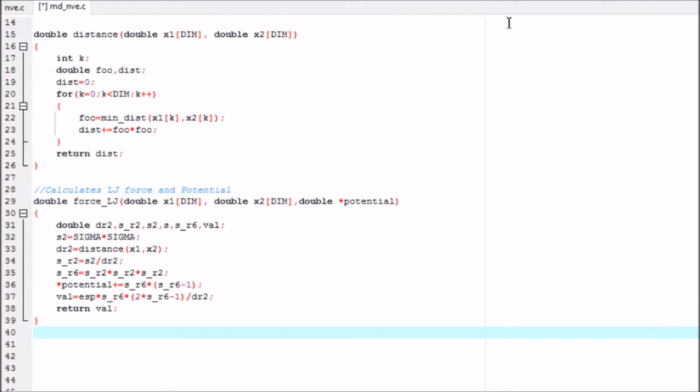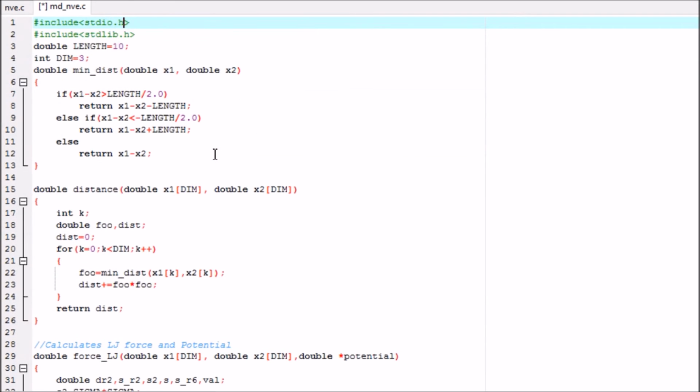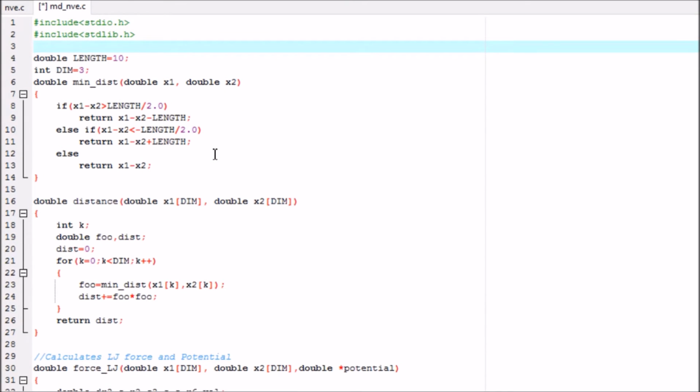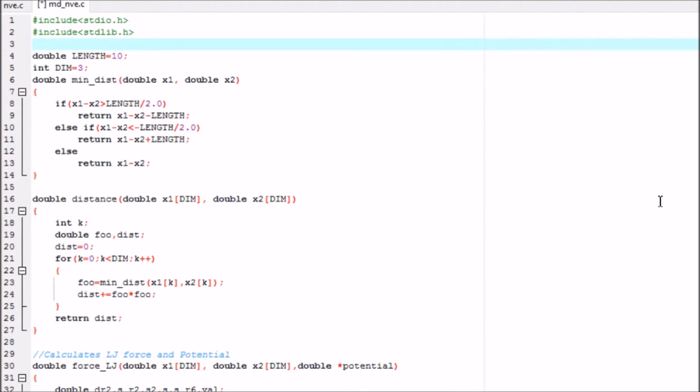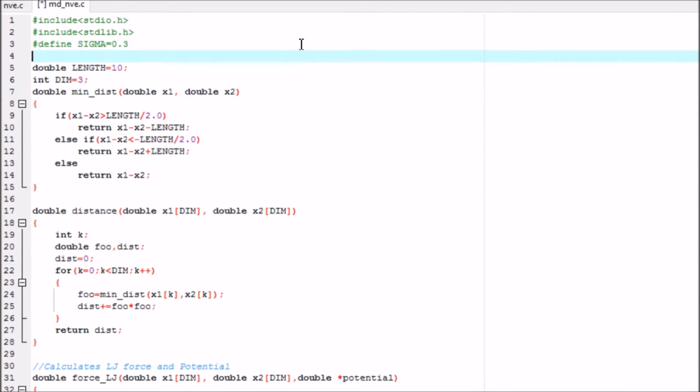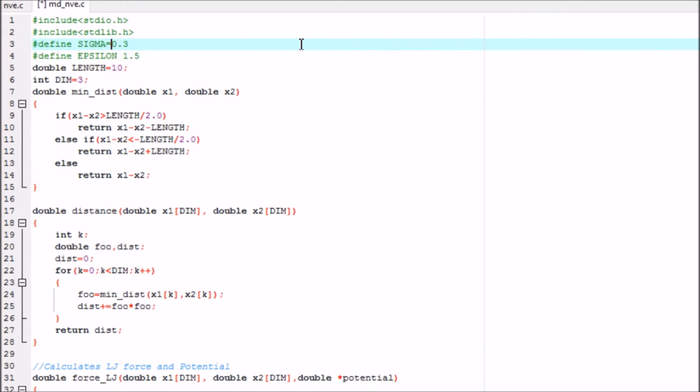So I haven't defined the values of sigma and ESP, so let's go ahead and define them. So hash define sigma 0.3, hash define epsilon 1.5. Okay, so I made a mistake here, it's not equal to, it's just space.